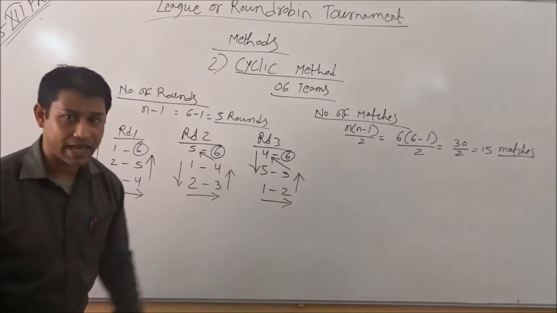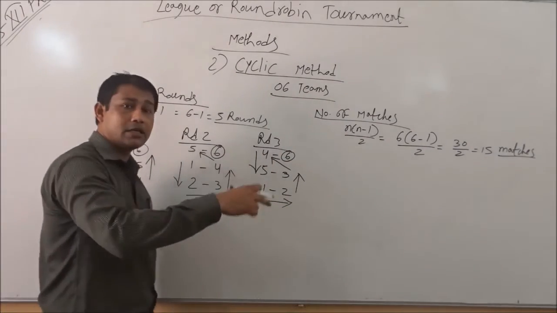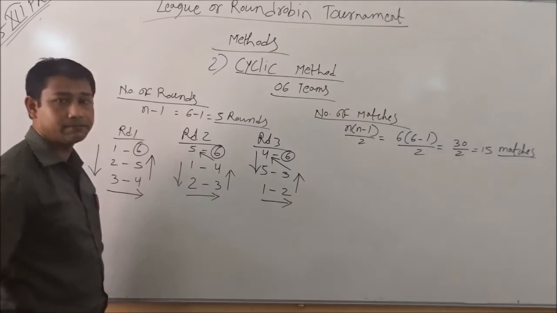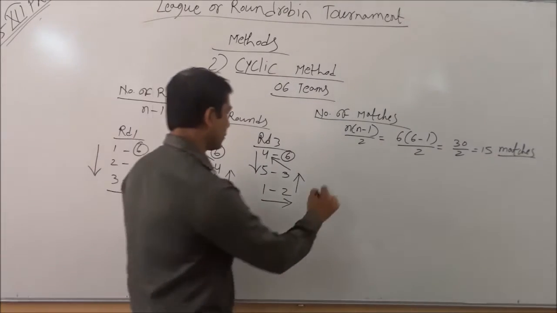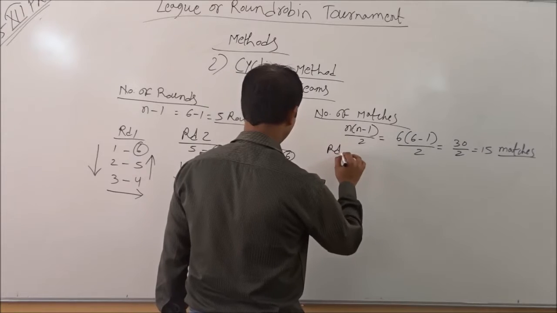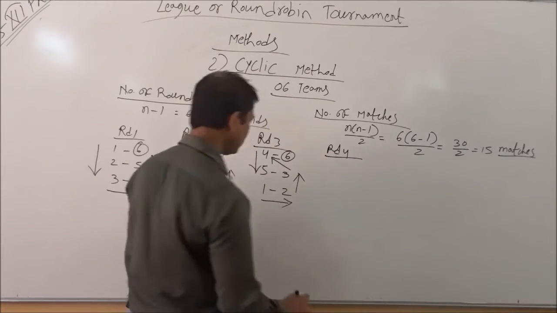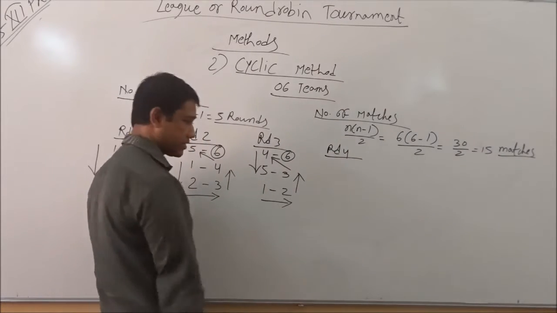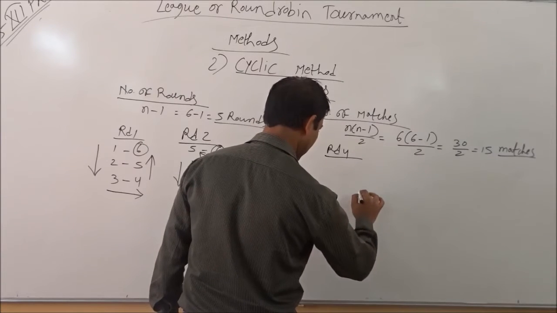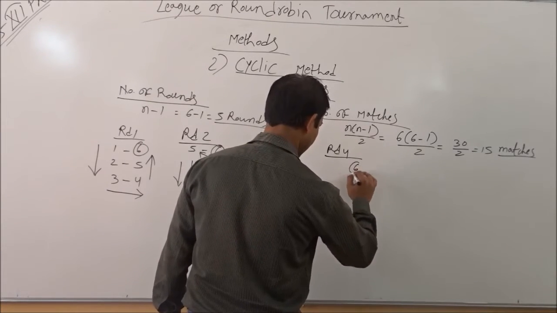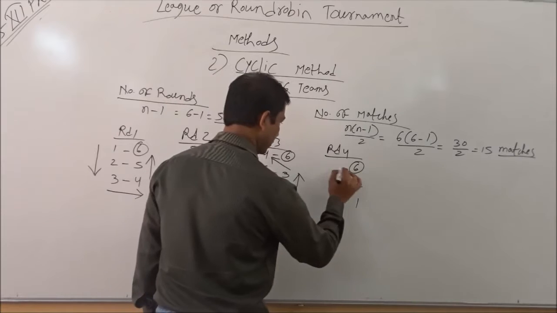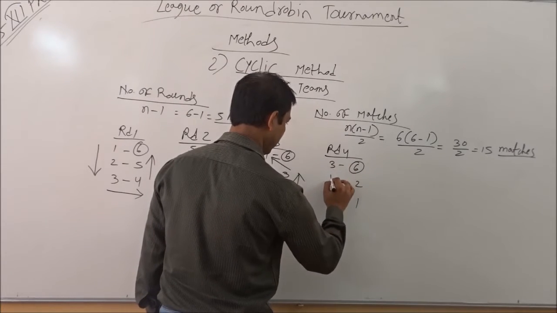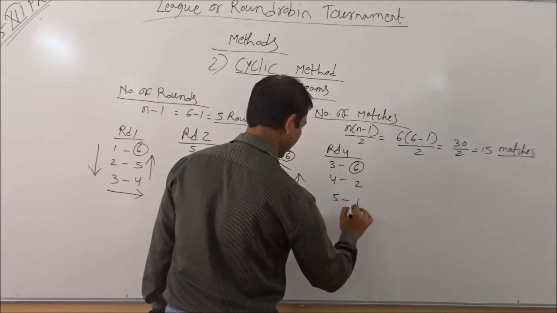With the help of these arrows, I am showing you the pathway. One will be further moving one step ahead. 1, 2, 6. 6 is fixed. 3, 4, 5.